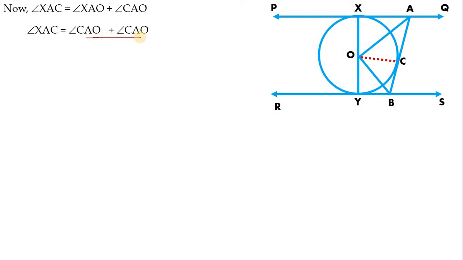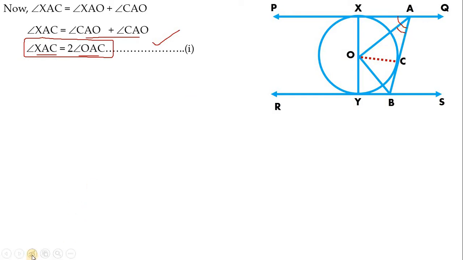CAO plus CAO equals 2 times CAO. CAO is nothing but OAC, however you can name the angles. And let me call this equation number 1. Observe this properly, children. This is very, very important. See, angle XAC, means this full angle, I have proved equals 2 times this angle.